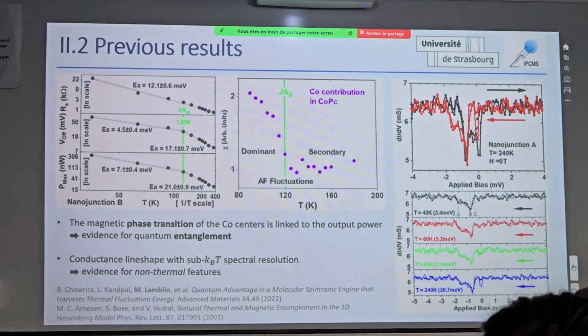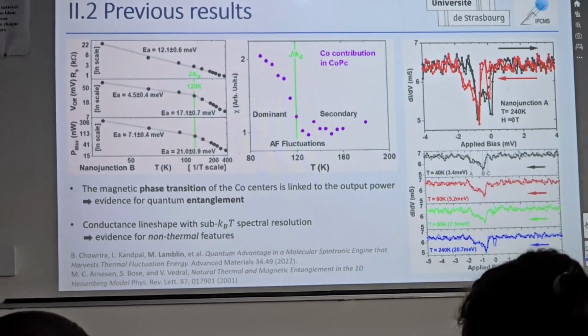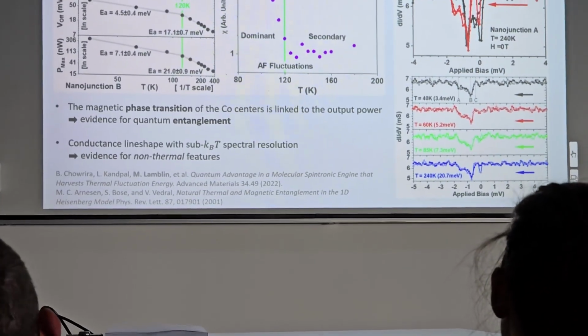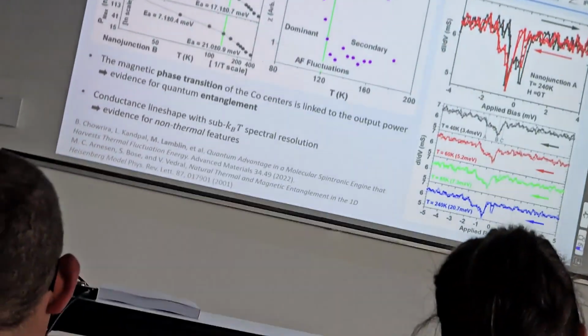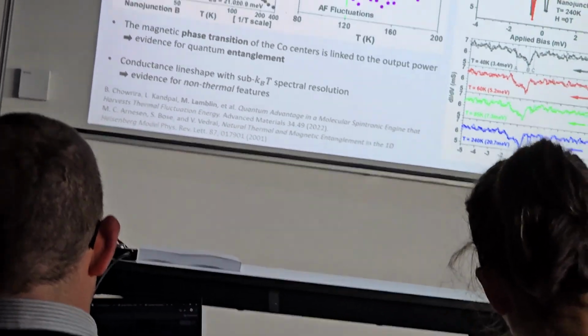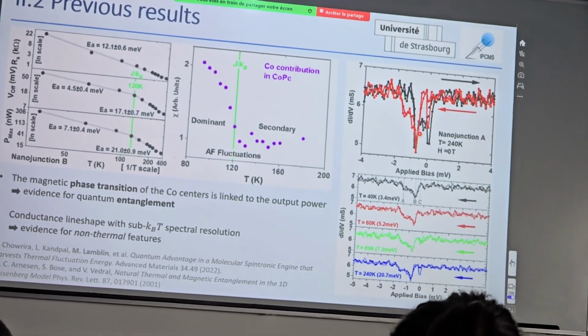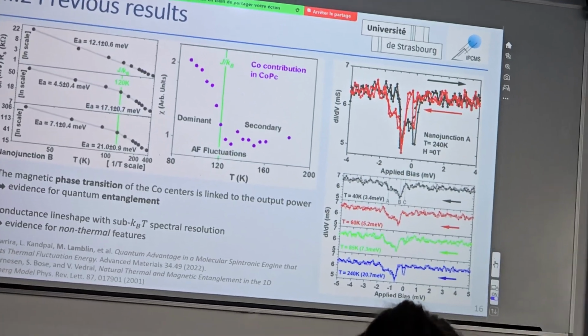And so this provides a kind of evidence for quantum entanglement inside this engine. And then another feature is that the conductance line shape features a kind of kink with a sub-kT spectral resolution, such that it provides evidence for a non-thermal feature.